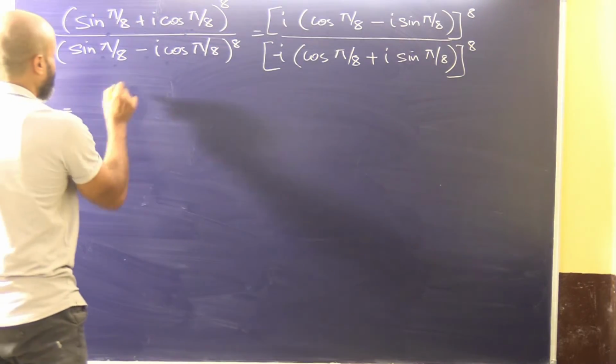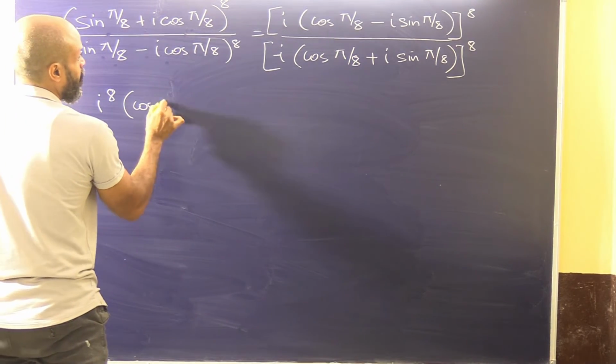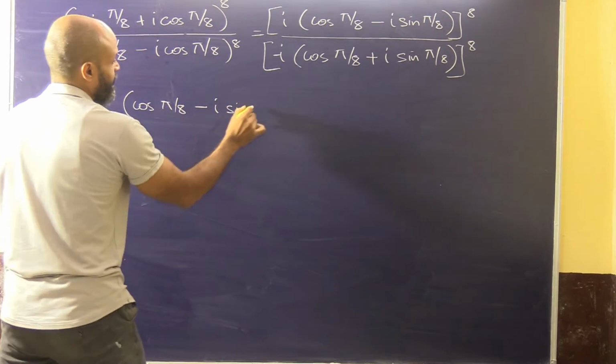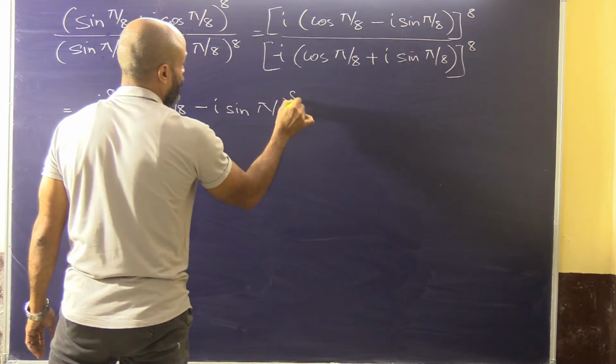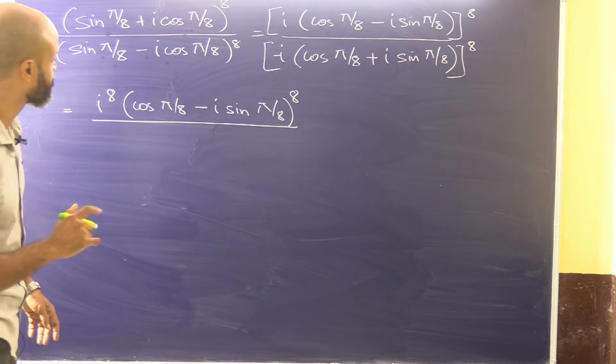So here we have i to the power of 8 (cos pi by 8 minus i sin pi by 8) to the power of 8 upon minus i to the power of 8 (cos pi by 8 plus i sin pi by 8) to the power of 8. Now this is the format in which we can apply De Moivre's theorem.